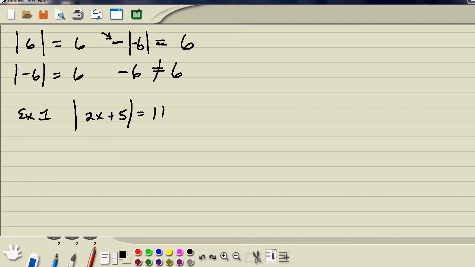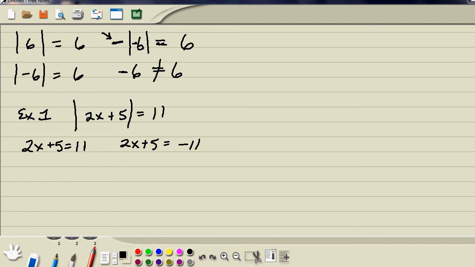So in order to get rid of these absolute value symbols, we write both possibilities. So 2x plus 5 equals 11. That's the positive possibility. And then the negative possibility is we just make the right side to be the opposite. So it's 2x plus 5 equals a negative 11, or 2x plus 5 equals 11. That means every solution could have more than one answer.